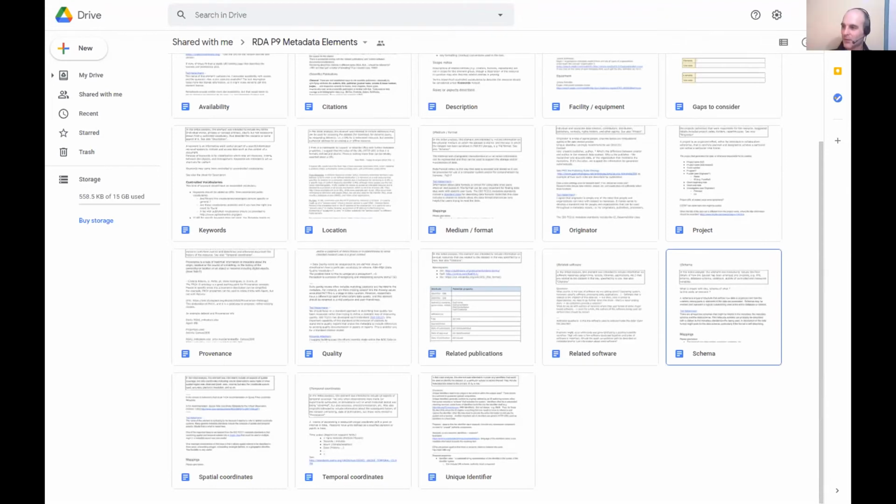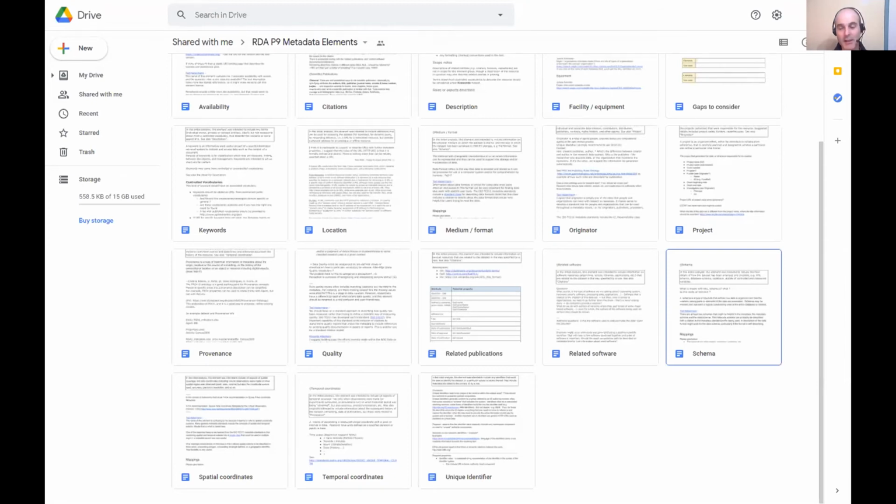Oh, well, that was the point we were making just now about the schema element being the kind of umbrella for talking about how the data has been structured. So very much talking about the columns and the rows, the variables, which variables are controlled, which ones are being observed, those kinds of things.